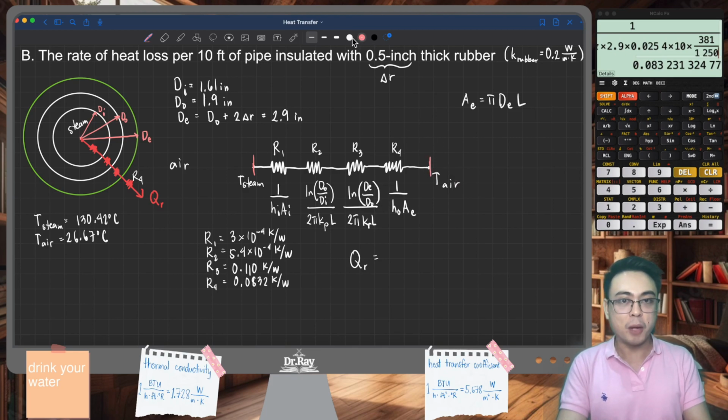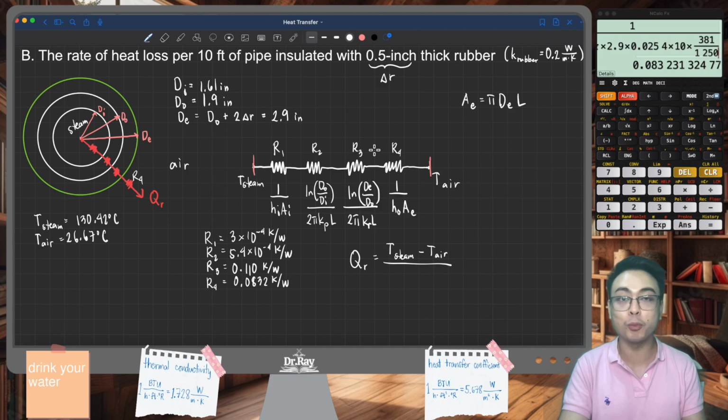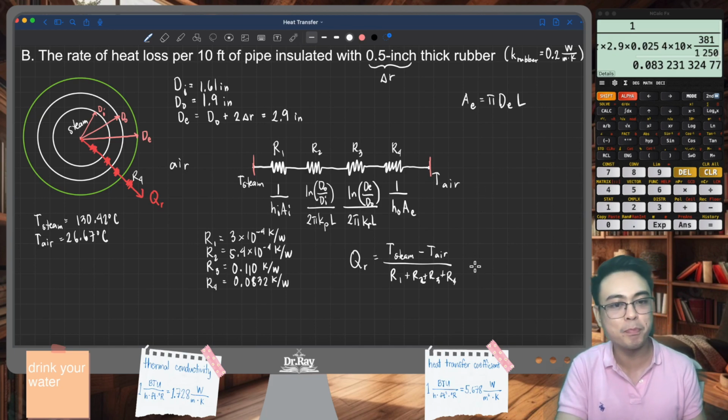So in terms of temperature difference, that is still temperature of steam minus temperature of air divided by all of the resistances that we passed through from steam to air. That is R1 plus R2 plus R3 plus R4, or the summation of the resistances. That's the beauty of resistances in series. You can simply add the resistances.